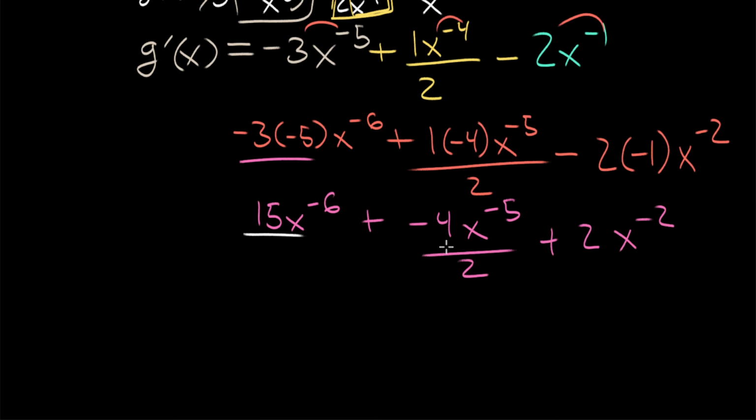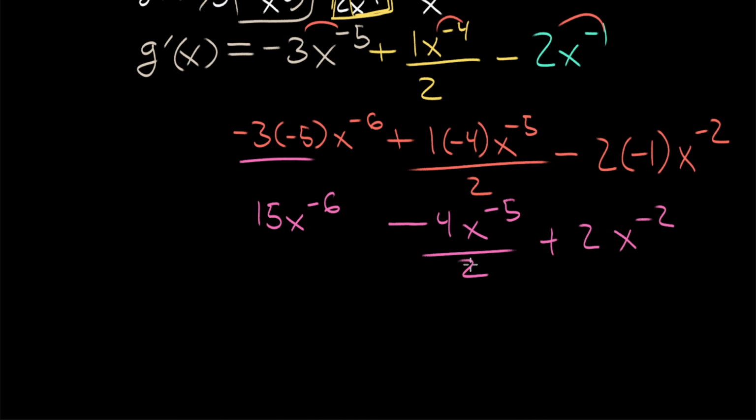Actually, there's something else we could do in this equation before we move it to the bottom. We could actually get rid of this 2, because notice how this is a minus sign because it's negative.